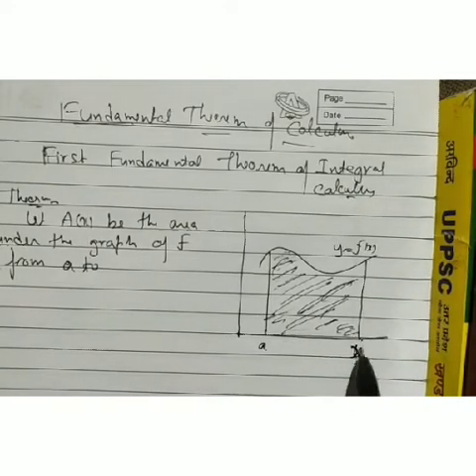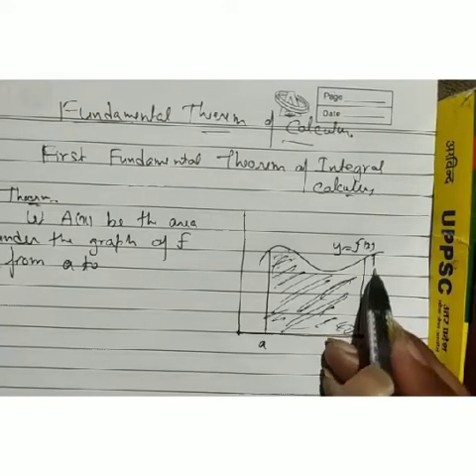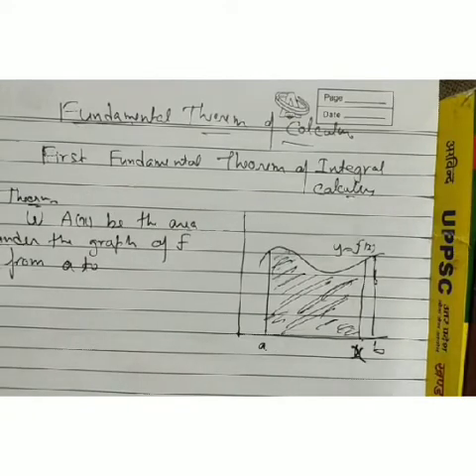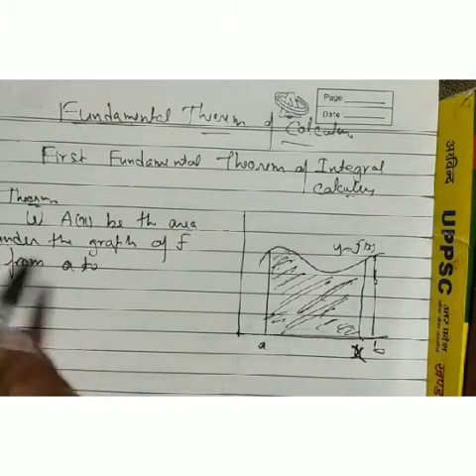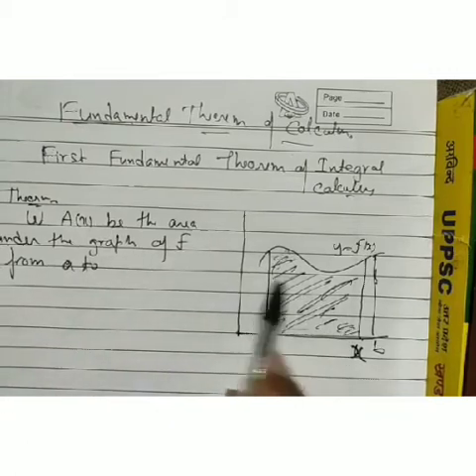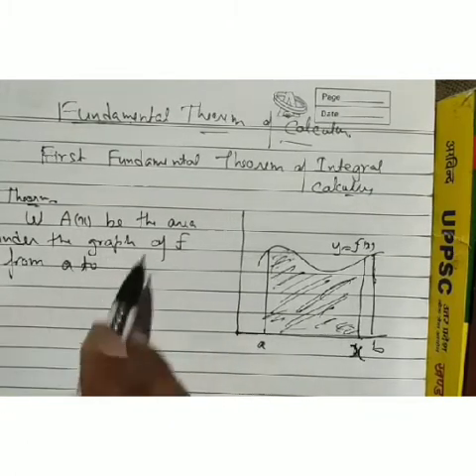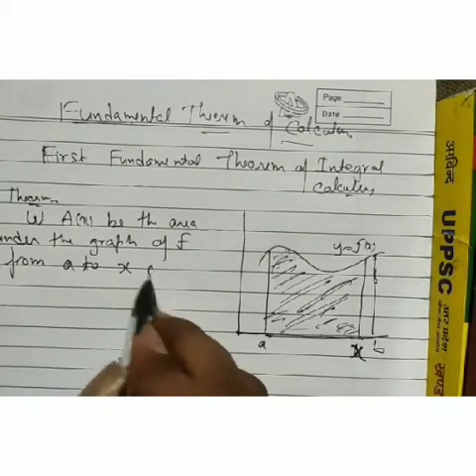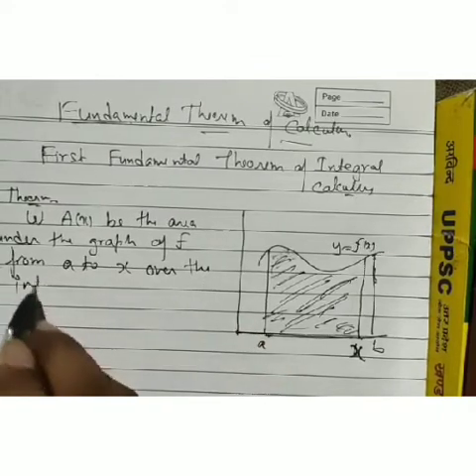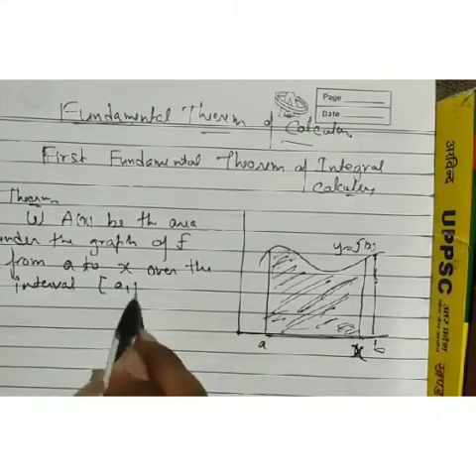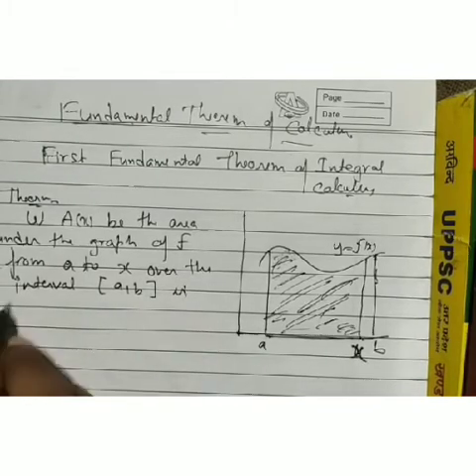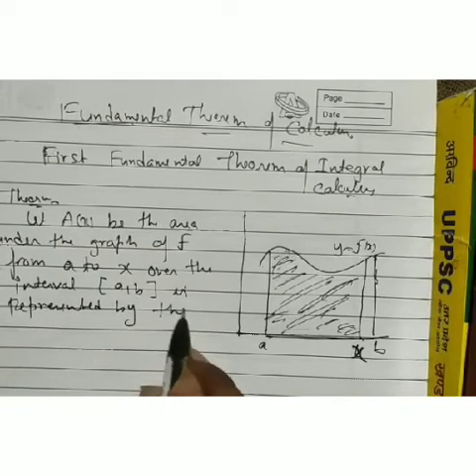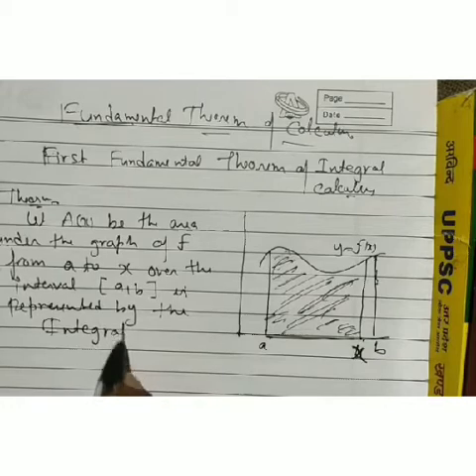Just take a point x here, and then after that take a neighborhood point b. Now we consider the area between a and x. Let A(x) be the area under the graph of the function from a to x over the interval [a, b], represented by the integral.